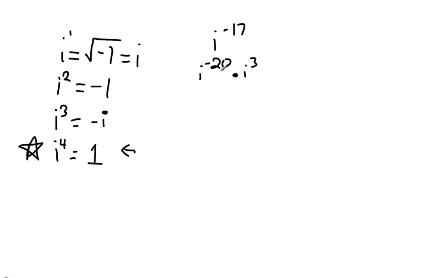But in this case, you're going to take the negative 20 and it's going to become 1, because i to the 4th power equals 1. And then the i to the 3rd is going to become a negative i, because i to the 3rd always equals negative i. And then that's just going to be negative i. Alright, so that's 1 and 2. Not so bad.